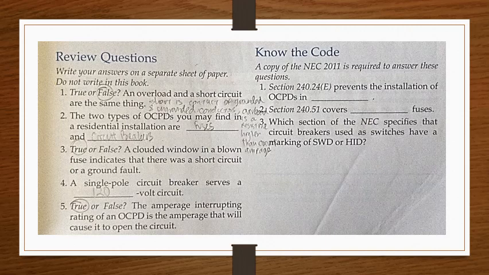That's the amperage that the circuit breaker will open under normal operating conditions. You have to know the difference between the two. And for that, you have to look at Article 240 of the NEC to find exactly which rating you will need for a certain circuit. Those may vary very dramatically.